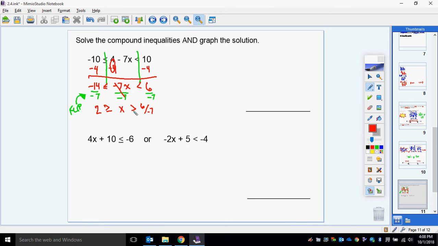Okay, so it's saying that x needs to be less than or equal to 2, but greater than negative 6/7. So I'm going to plot that on my number line. It's an AND inequality, so ANDs will go in. It's got to satisfy both of these, okay? So let's plot my negative number on the left, my positive number on the right, and I want to make sure I get the right circle or bracket, whatever you prefer to use.